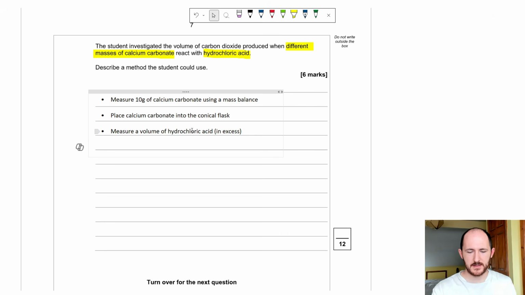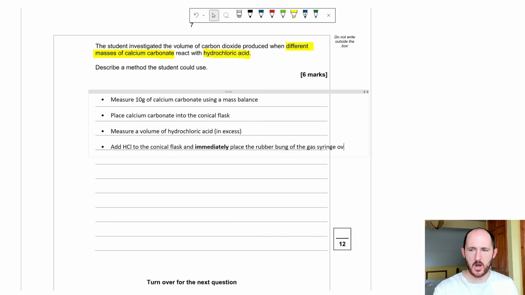You don't have to. Then we're going to add the HCl to the conical flask and immediately place the rubber bung of the gas syringe over the flask. The next thing that's really important, in fact, it doesn't say the rate, right?